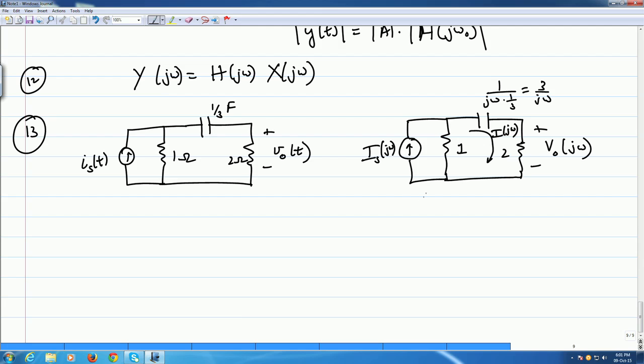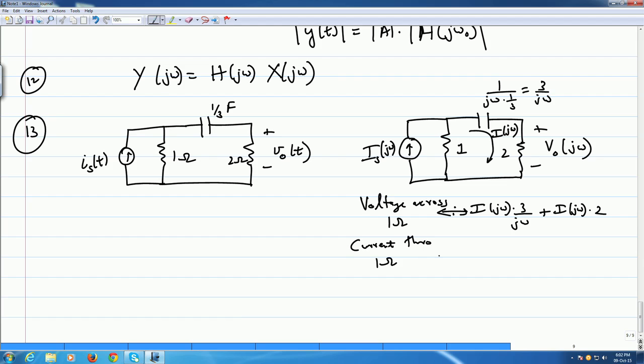So, for instance, the voltage across the 1 ohm resistance, the transform of the voltage, is simply I of j omega times 3 by j omega plus I of j omega times 2, right. That is the voltage across the 1 ohm resistance. So, the current through the 1 ohm resistance will be the same as this, I of j omega times 3 by j omega plus 2.